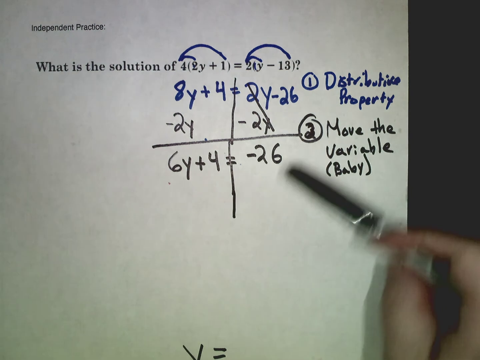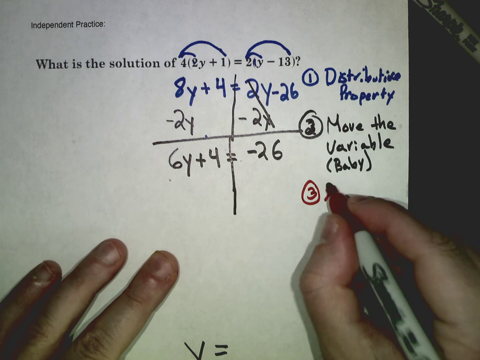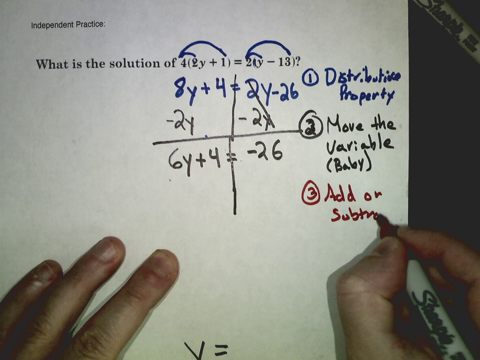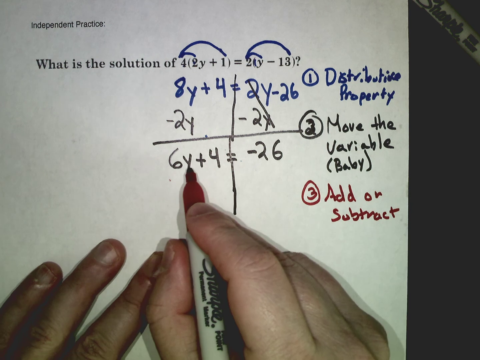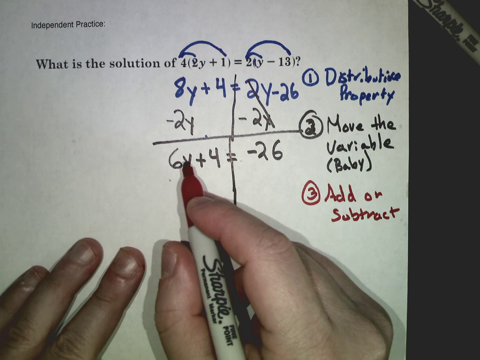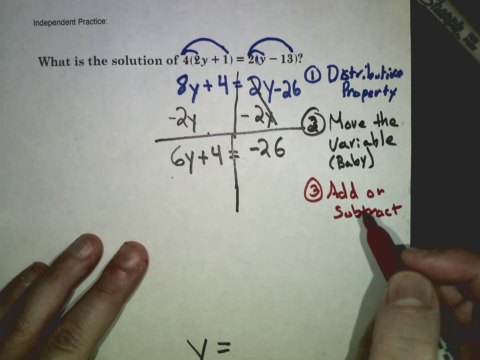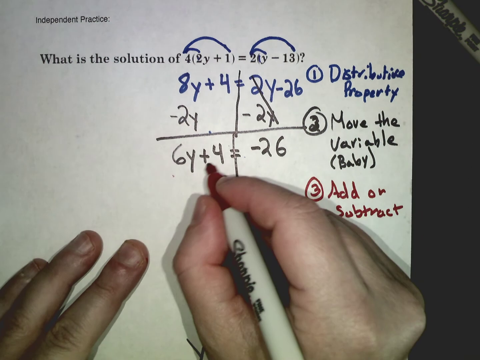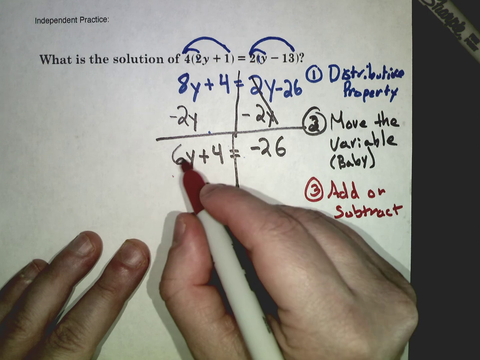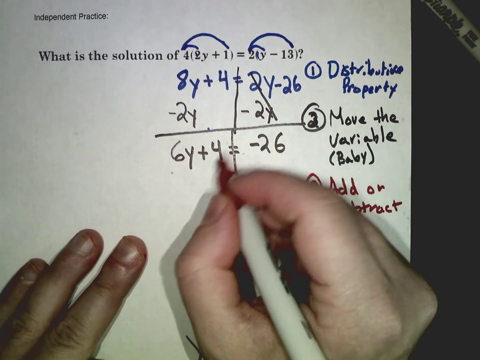Okay. Next step. Let's do it in red. Step 3, if you remember, add or subtract. Well, I'm looking at this side here, and this is where I got to get rid of all the stuff. I moved my y over here. Now I just got to get rid of this other junk around the y. Well, the first thing I have to do is add or subtract. I have to take out this number, the 4. 6y plus 4 is 6 multiplied by y plus 4, officially, so I do add or subtract first.